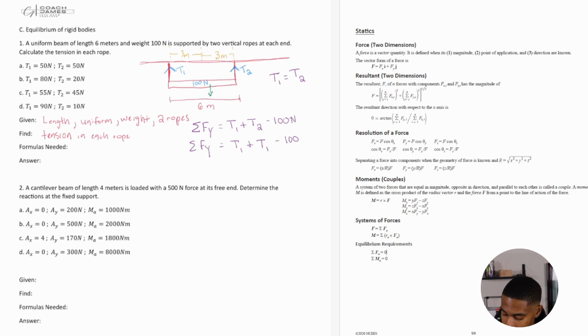This just means that 2 T1 minus 100 is equal to the sum of the forces, which is 0. Now, T1 is equal to 50 newtons. And since T1 equals T2, T1 is going to be 50 newtons, and T2 is going to be 50 newtons.